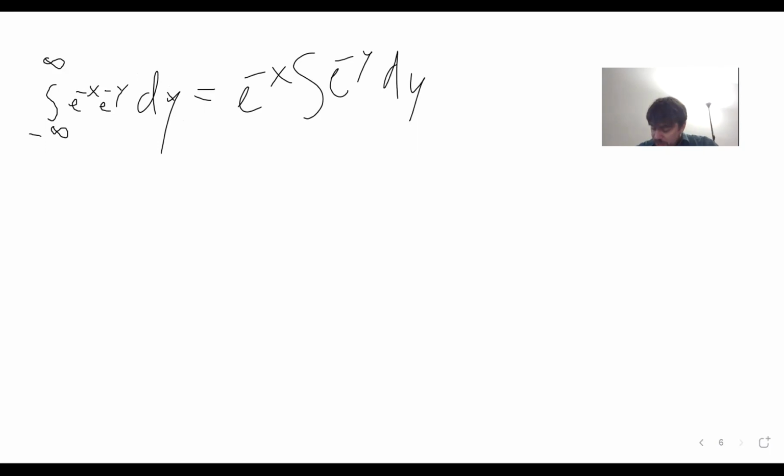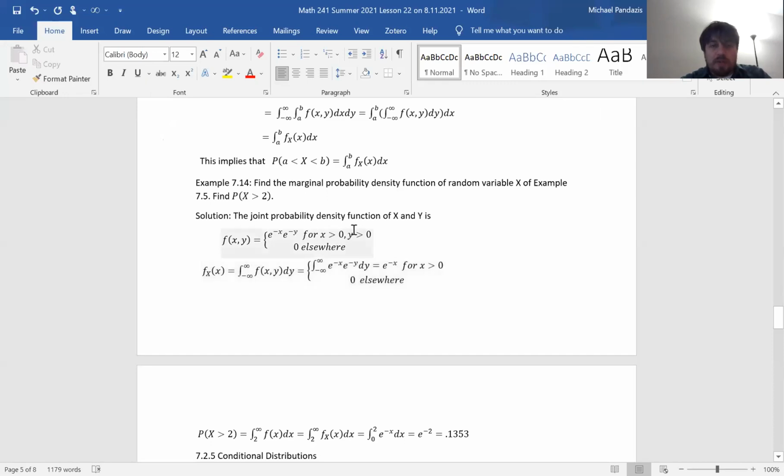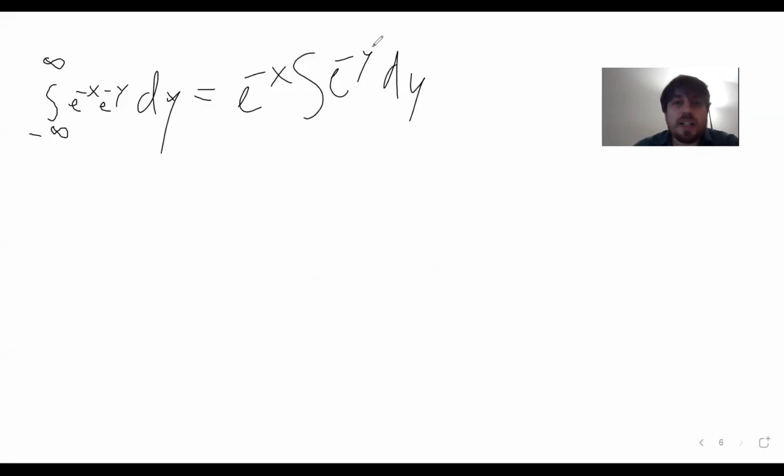But the way we defined it, so going back to the problem, what values of y do we care about? We only care about y positive, right? But now we want to integrate from 0 to y, where y is positive, but we have to use a dummy variable because y is the thing we want to go to. So here we use a dummy variable t to represent y.